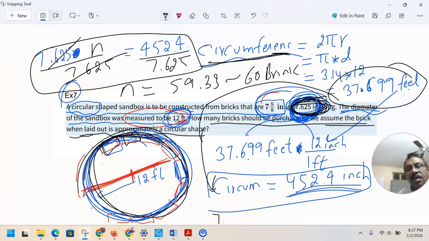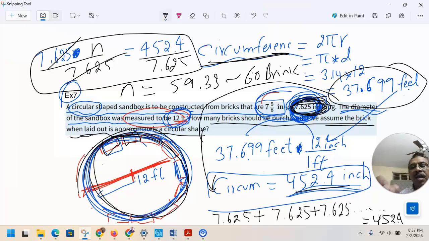It's like adding 7.625 plus 7.625 plus 7.625, and how many of these together make up 452.4. We don't know how many pieces, so I multiply by n here, and you get the answer.